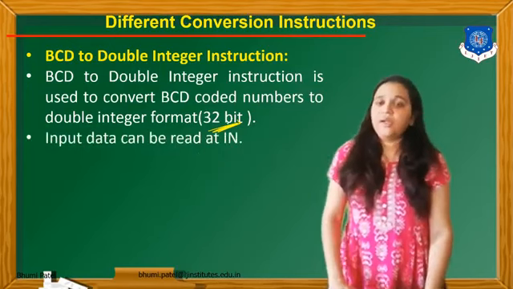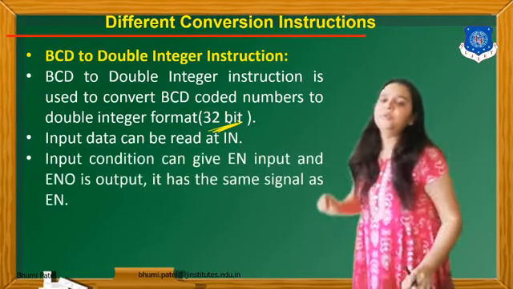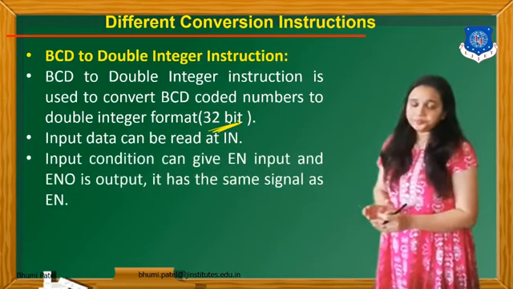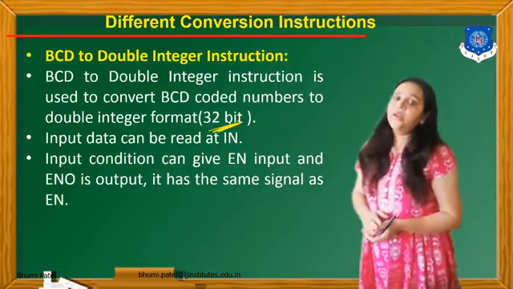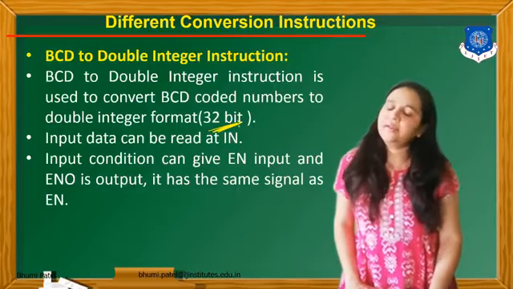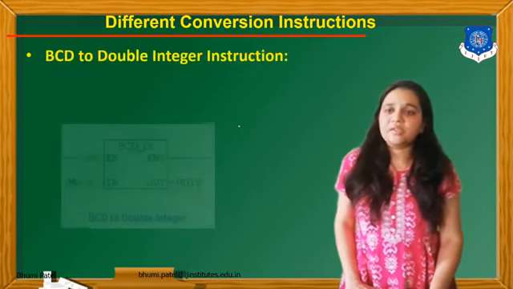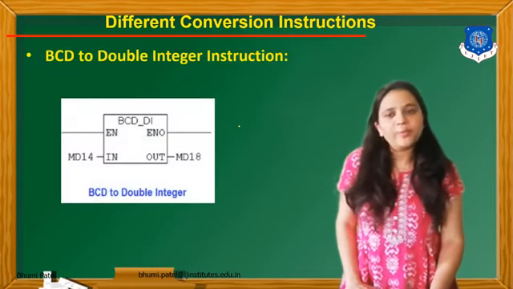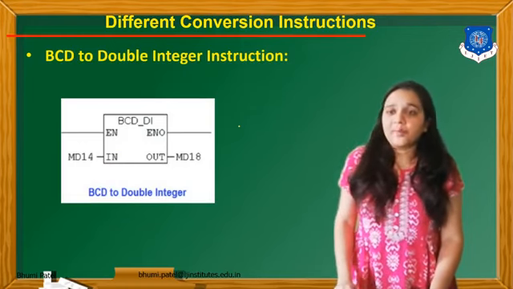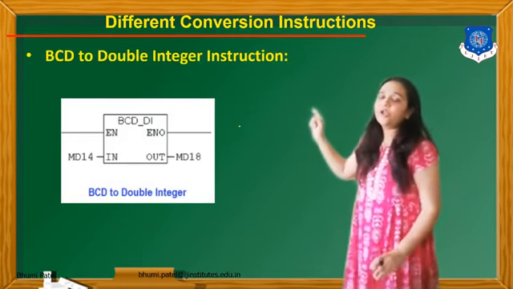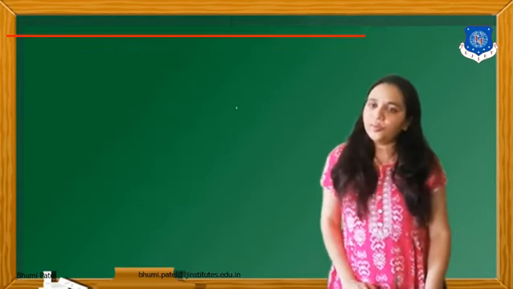Input data can be read at the input pin, the input condition gives the enable input, and ENO is the output, and it has the same signal as the enable signal. So the main difference is that we can get 32-bit data. This is the block of the BCD to double integer, BCD to DI, with enable input, ENO and the output.